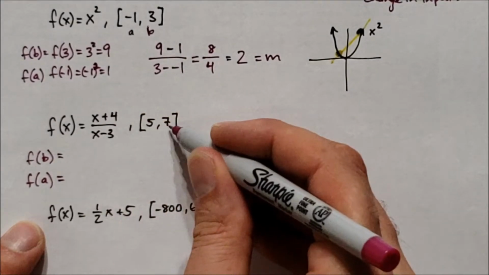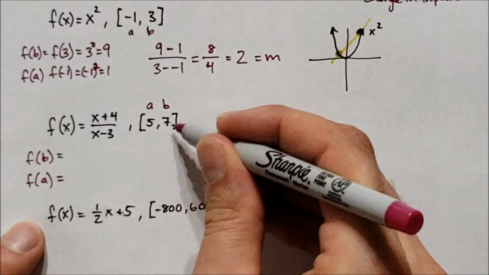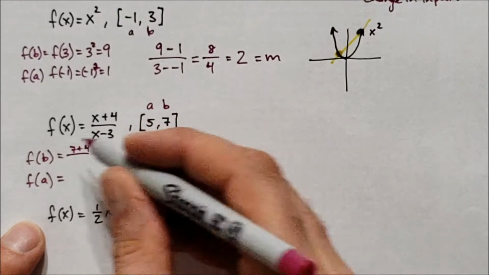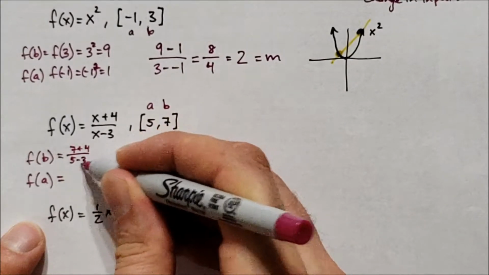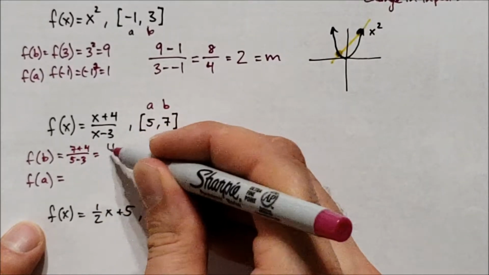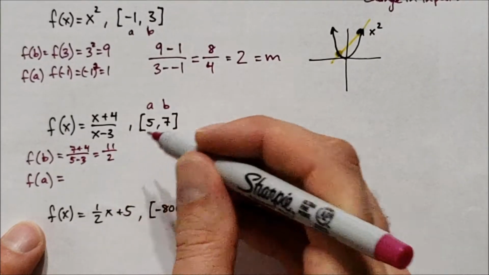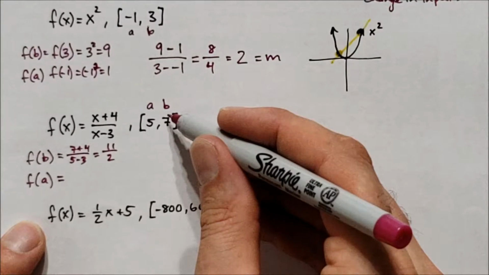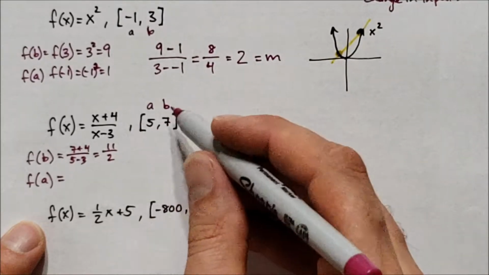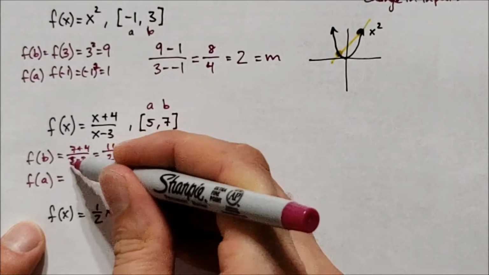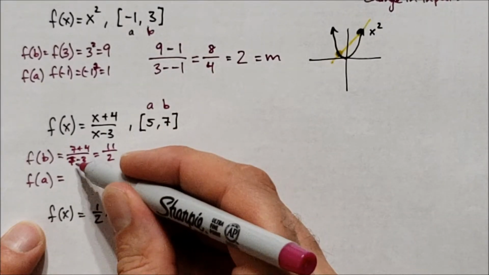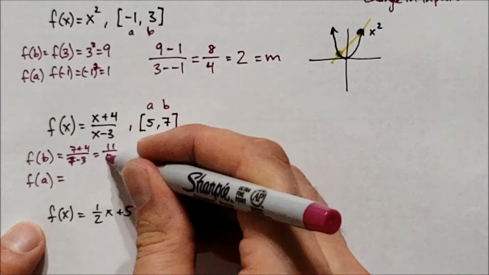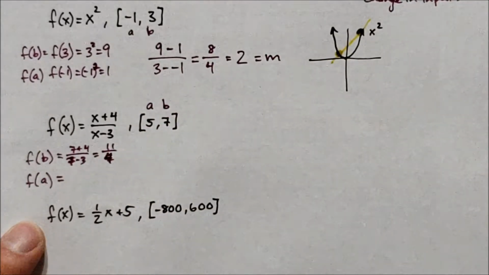F of b, that's a and b, so 7 plus 4 divided by 5 minus 3. Well, let's see, this is 11 over 2, and oh, my bad. This has to be 7. We're using the same number. This is still b, or x minus 3. So that is 4. 11 over 4. Otherwise it wouldn't work out.